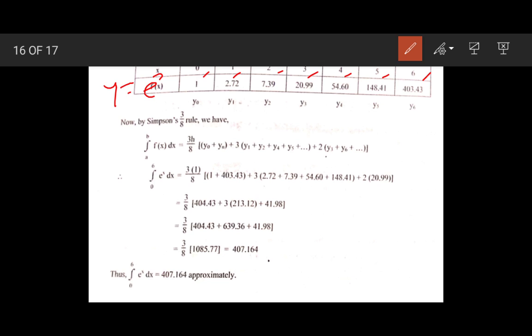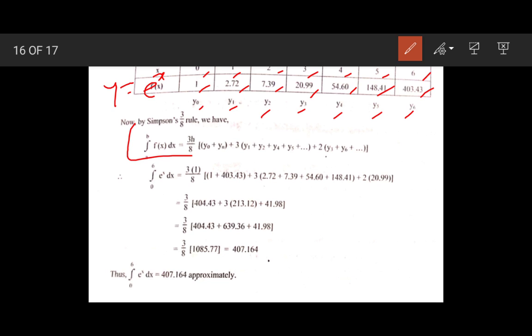Y is e raised to x. So e raised to 0 is 1, e raised to 1 is this, e raised to 2, then e raised to 3, e raised to 4, e raised to 5, and e raised to 6. Then in the next step we will write y0, y1, y2, y3, y4, y5, and y6.